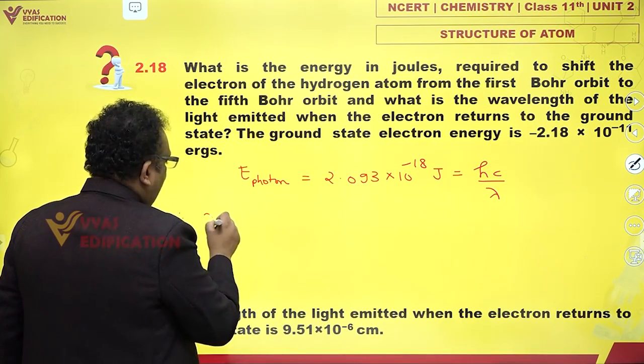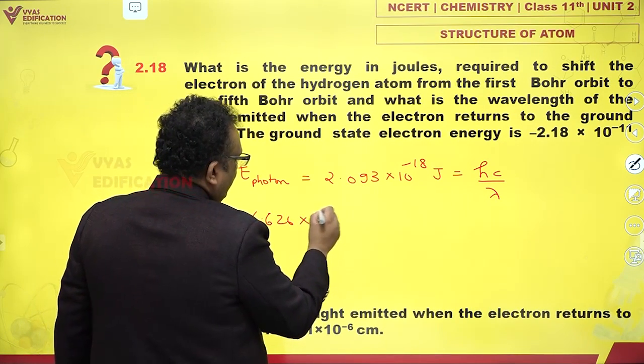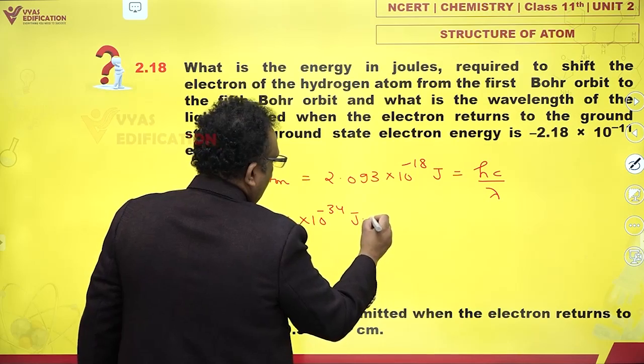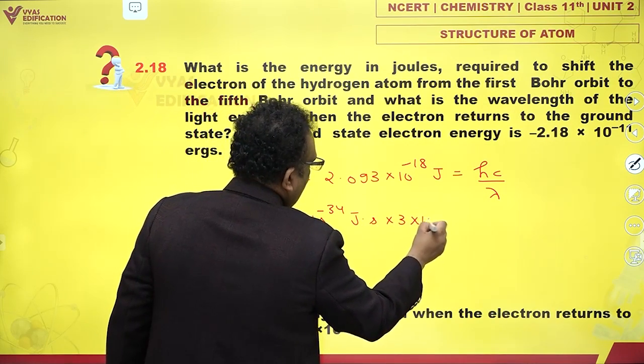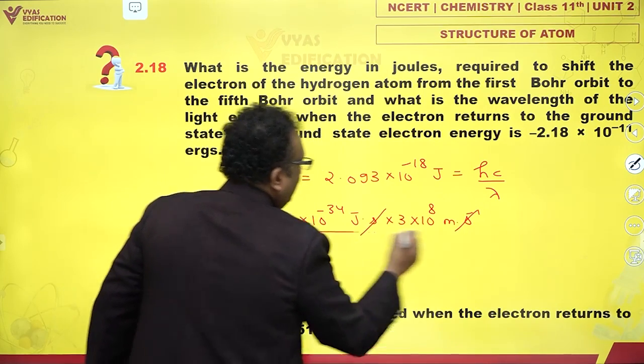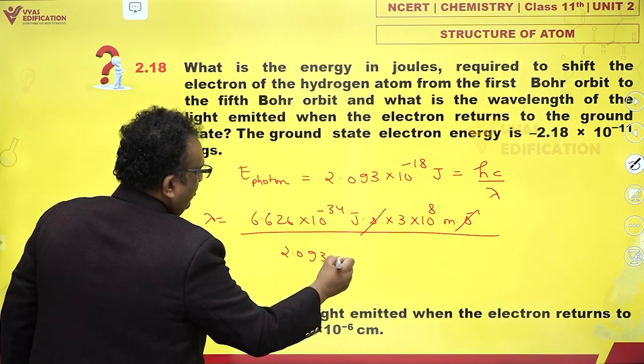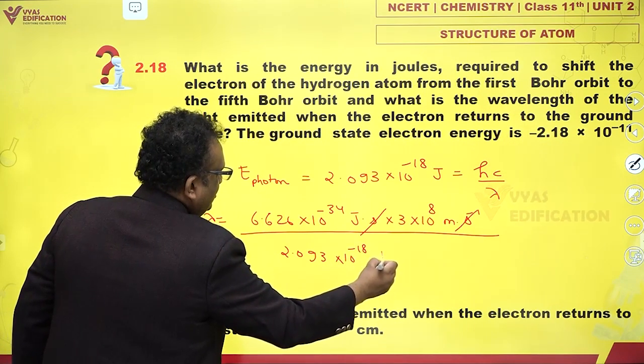The lovely lambda is h, 6.626 into 10 raised to minus 34 joule second into 3 into 10 raised to 8 meters per second divided by 2.093 into 10 raised to minus 18 joules.